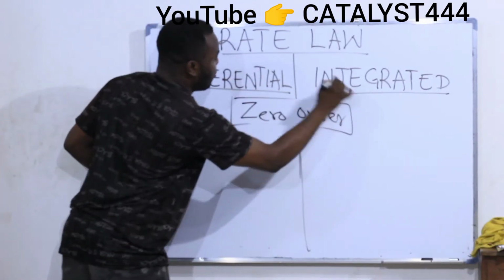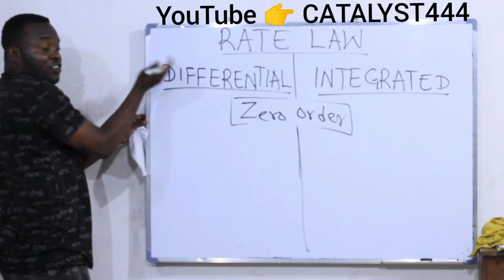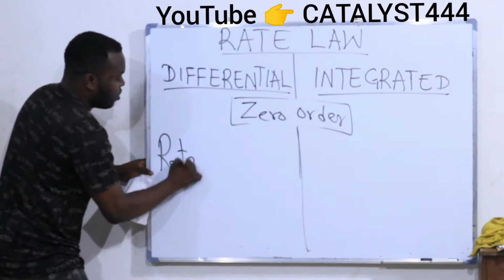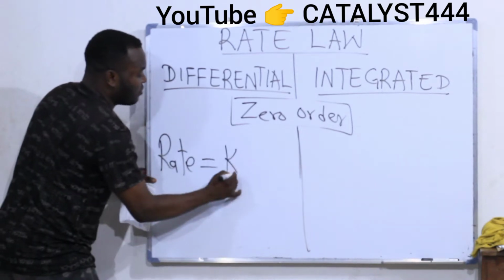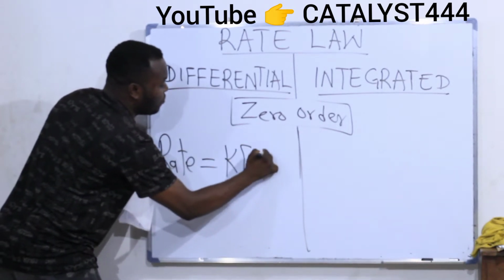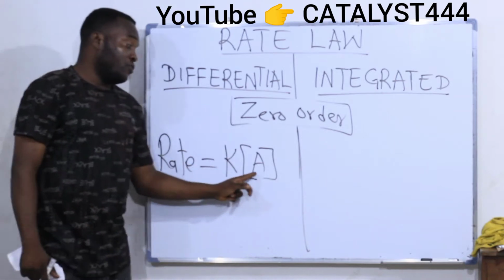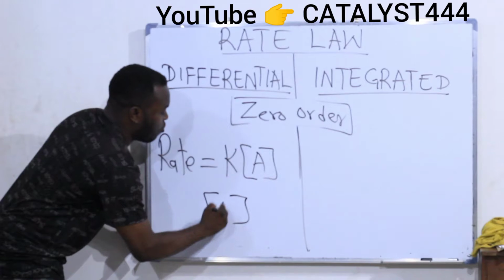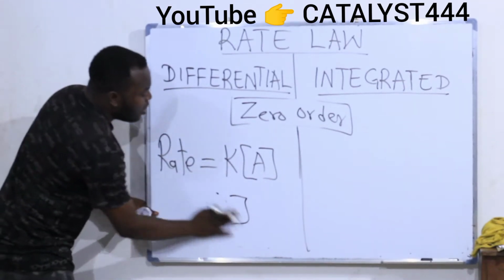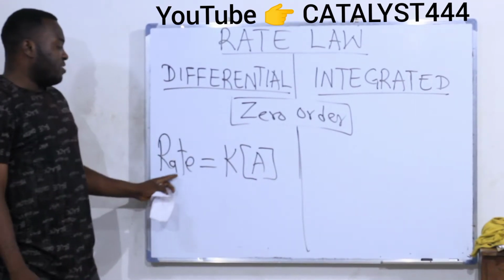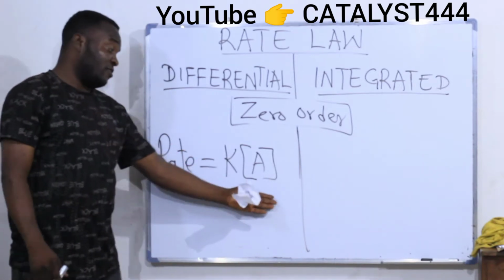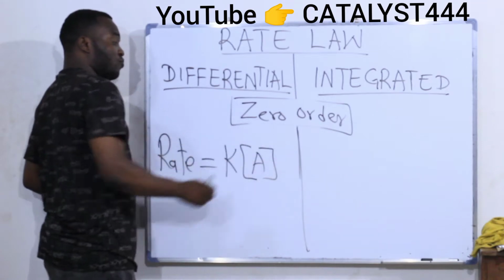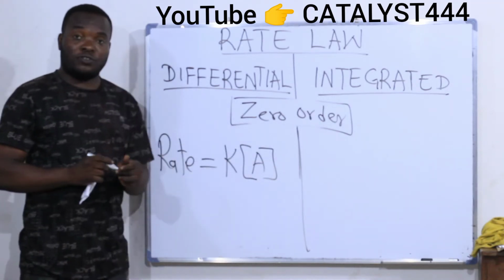For zero order, in the differential equation, we have that rate is equal to rate constant multiplied by concentration of the reactant. Here, I'm using A to represent my reactant. So this simply means concentration of A. This is the general formula for the rate of reaction. Now, the power of my concentration tells us the order of this reaction.